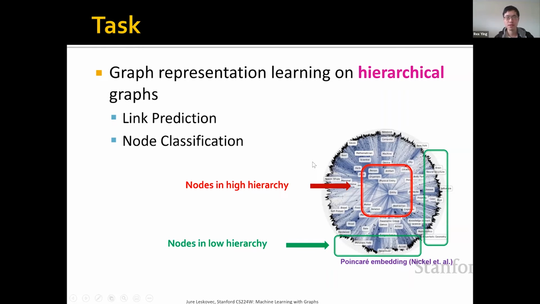This is basically the kind of embedding we want to achieve so that we can perform things like link prediction, which means we can predict whether an entity and another entity in this knowledge graph are connected, for example, whether bread and food are connected. It could be connected through a hierarchical relation, or through a non-hierarchical relation. So this is link prediction, and we can also perform node classification by predicting a label for each of these nodes in the graph.